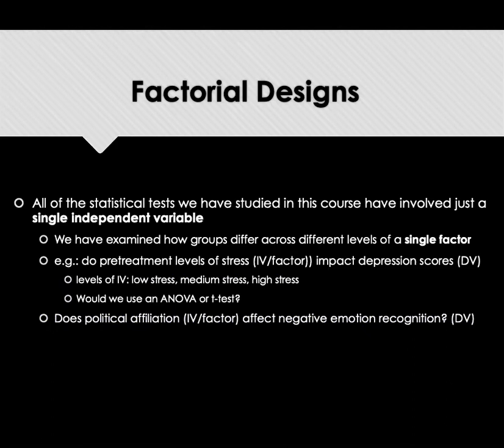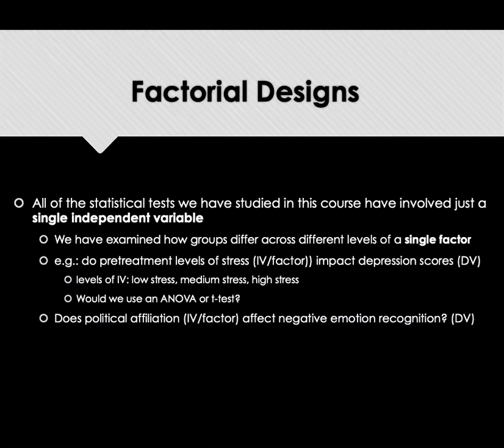Here's another example. Does political affiliation affect negative emotion recognition? Here our independent variable or factor is political affiliation, and we've got 2 levels of that factor, Democrat and Republican. And we're looking at whether or not being a Democrat or Republican affects negative emotions.